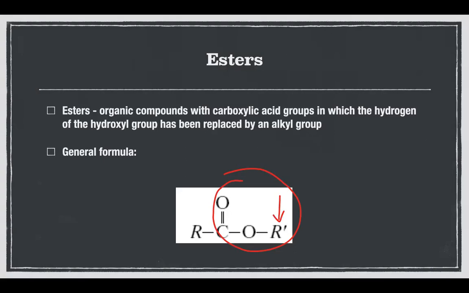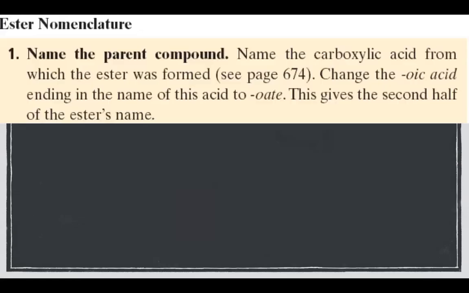So the alkyl group, of course, will depend on how many carbons are on the other side of that oxygen. So in naming esters, we name the carboxylic acid from which the ester was formed. We're going to change the oic acid ending to oate.